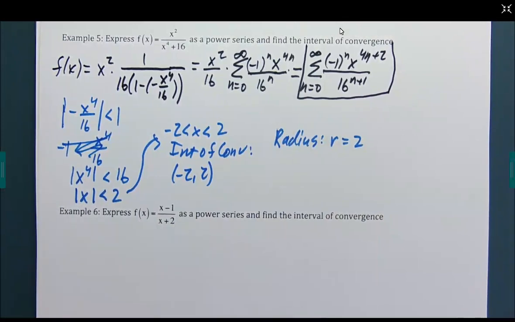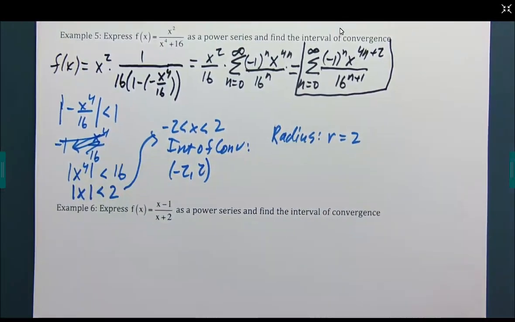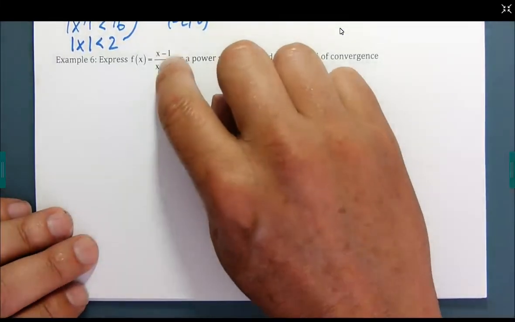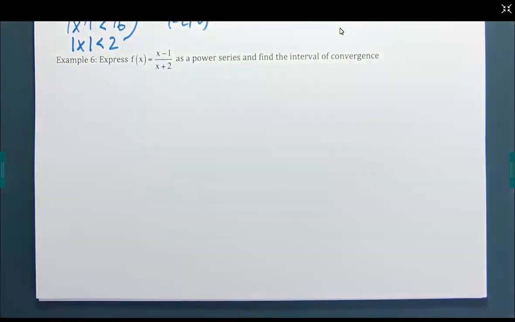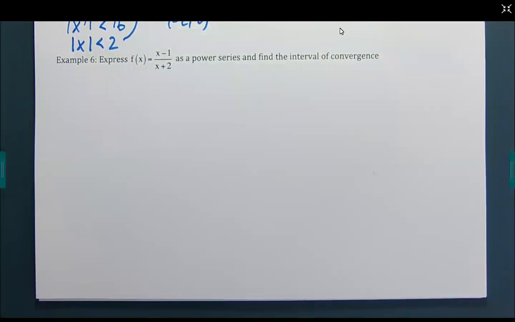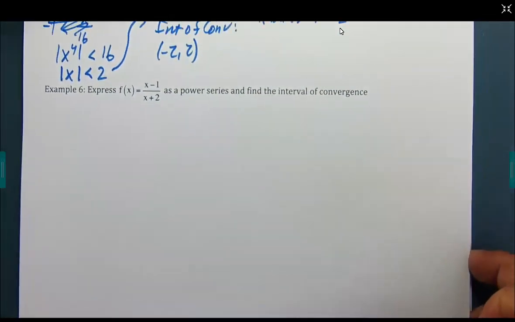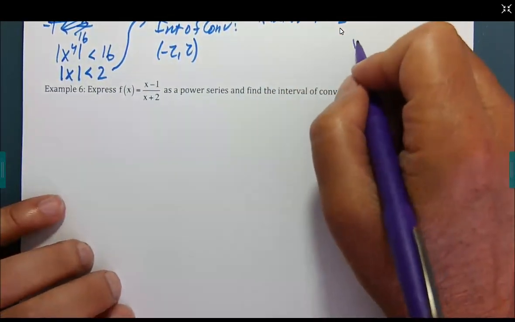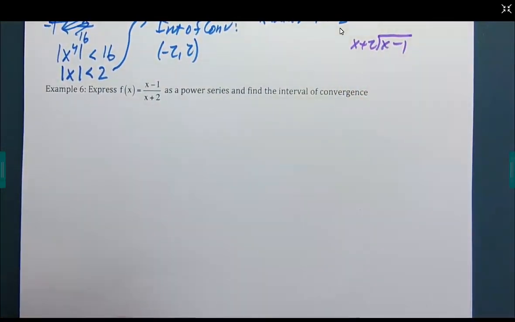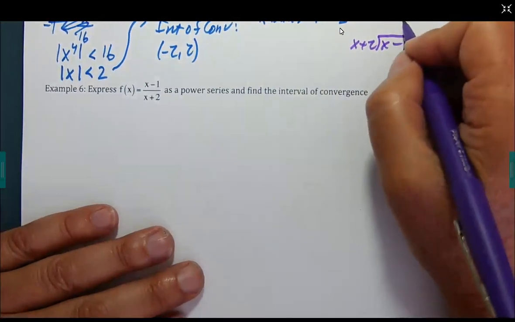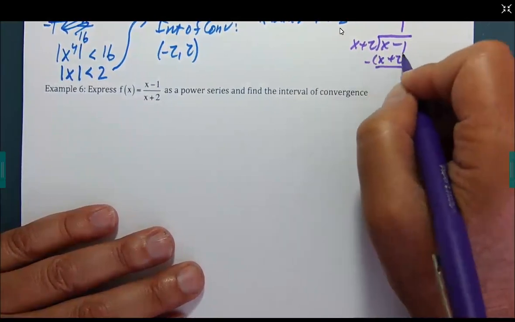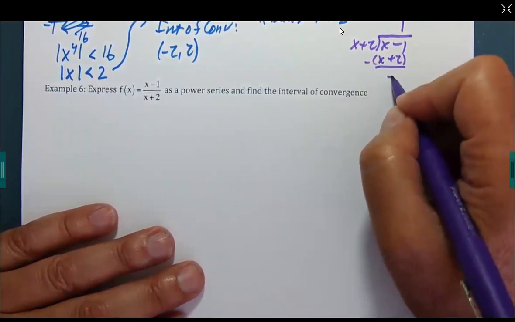So not too bad. We have one more to go. And whenever we have the same degree or a bigger degree on top, we need to do long division. So I'm going to go off to the side here. In fact, I'll utilize some of this space here. And that's going to give me a 1, x plus 2, subtract. That gives me negative 3.